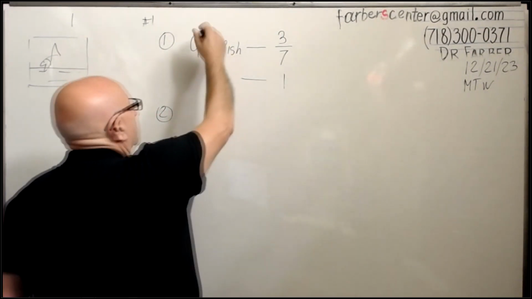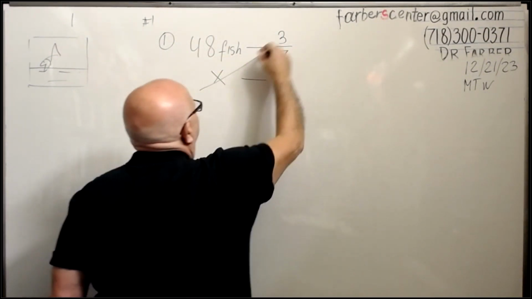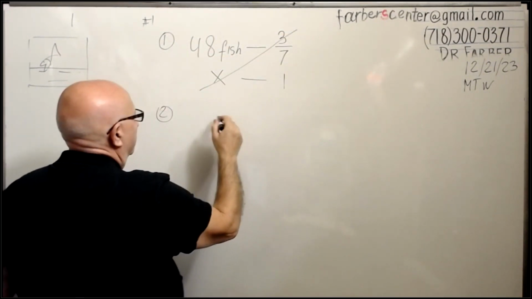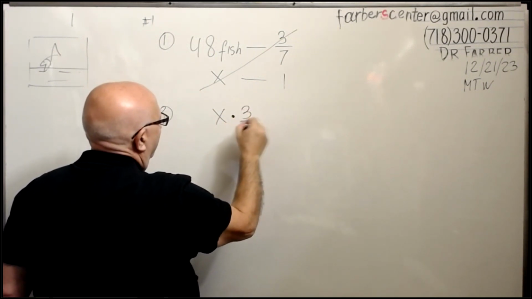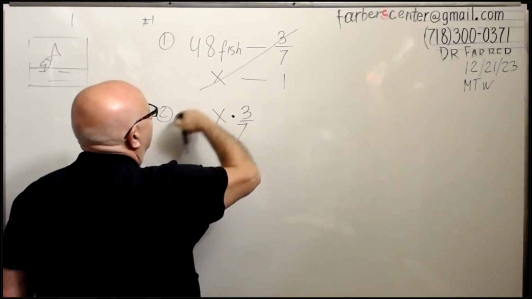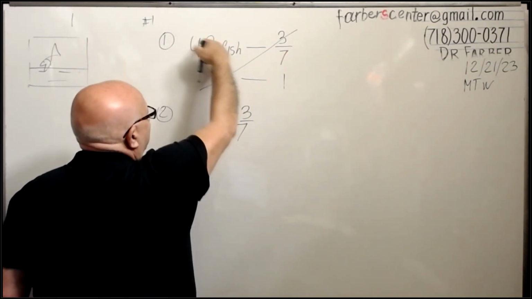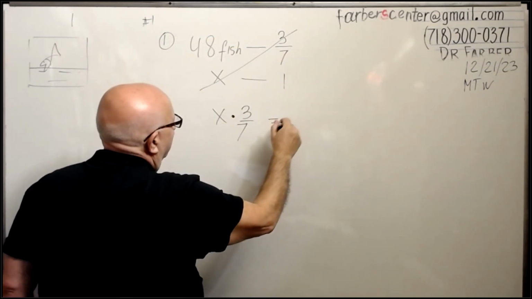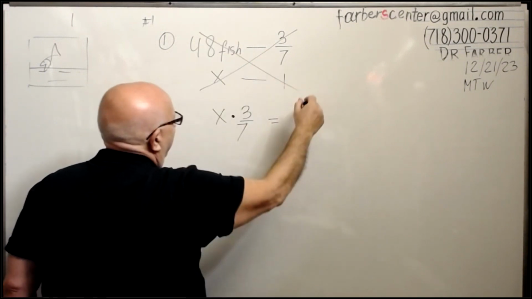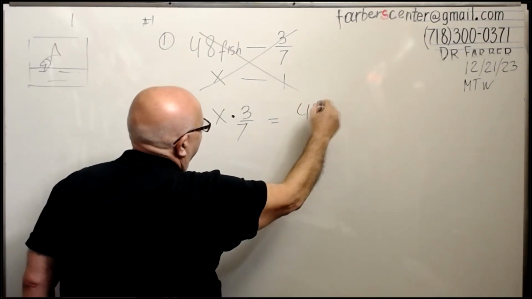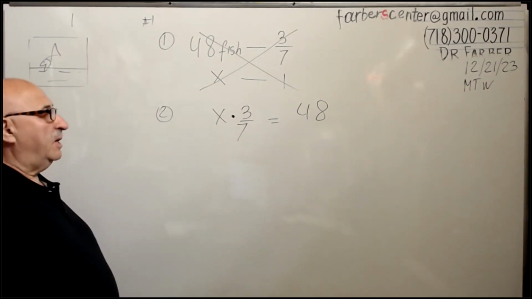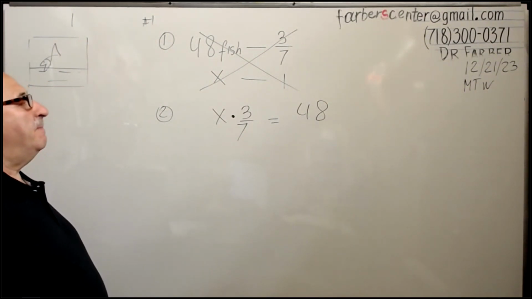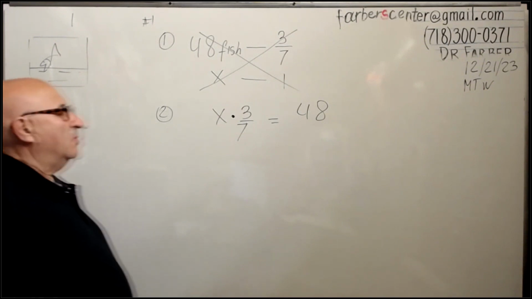Look at this. x times 3/7, the product of this diagonal, equals the product of this diagonal: 48 times 1, or equals 48. In a proportion, cross multiplication is always the same. We name it cross multiplication.